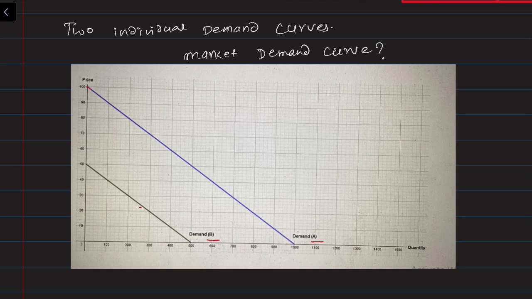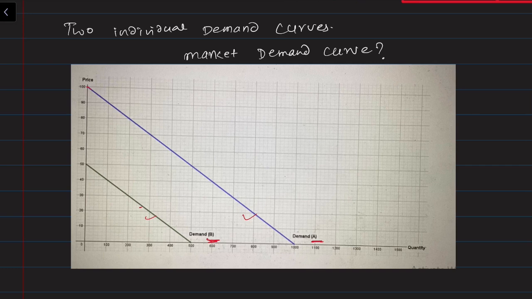You can see that within the price range $0 to $50, the total quantity demanded is the quantity demanded at place B, given by the green line, plus the quantity demanded at place A, given by the blue line. So the total quantity demanded is the sum of these two.